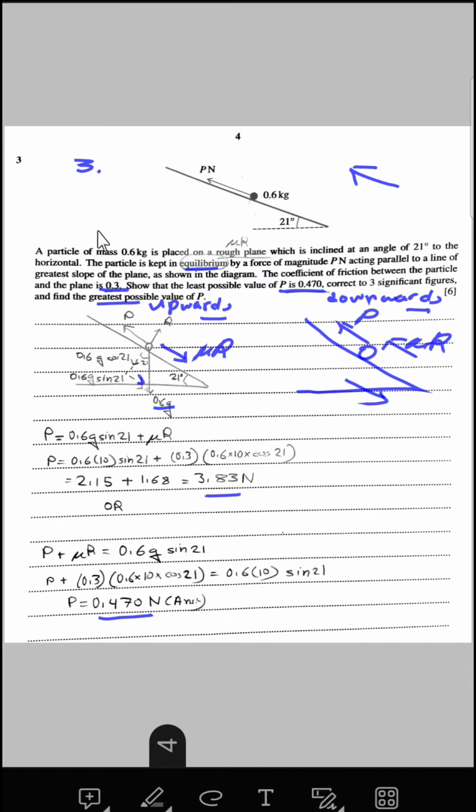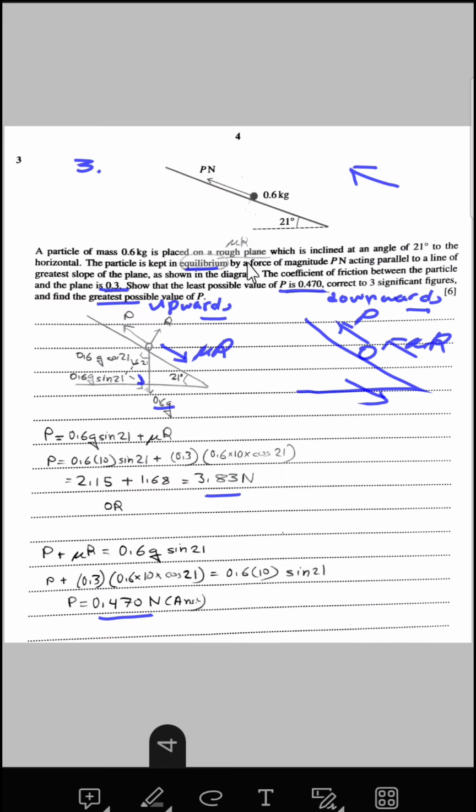We substitute equation 1 into equation 2 to find T2, which is 17.4 newtons, and then put the value of T2 into expression 1 to find T1, which is 14.2 newtons.